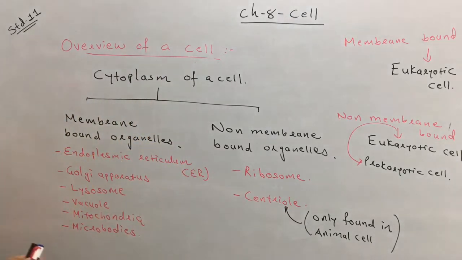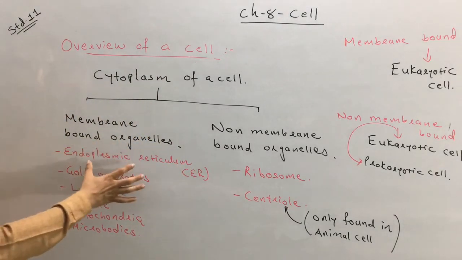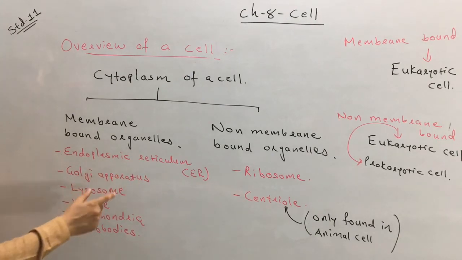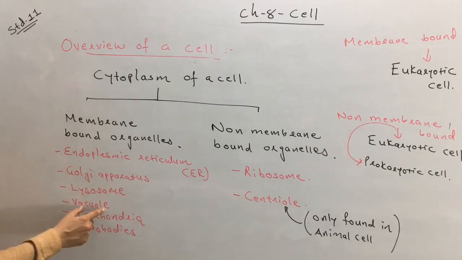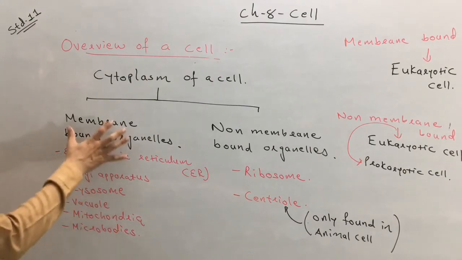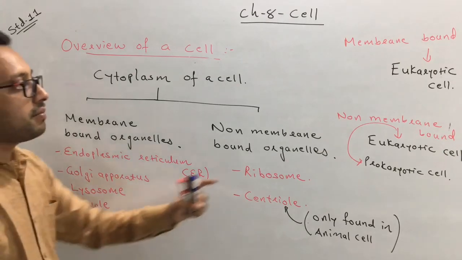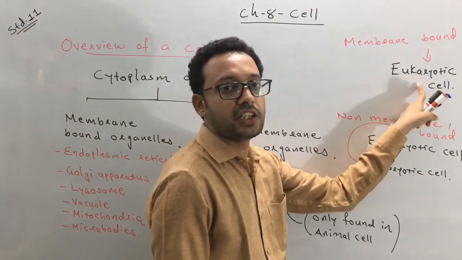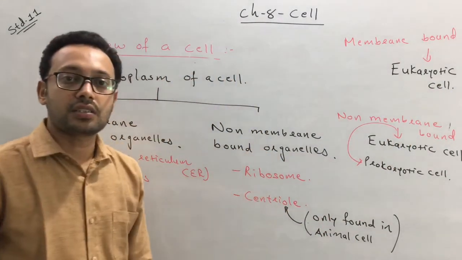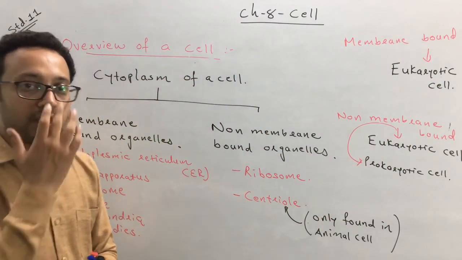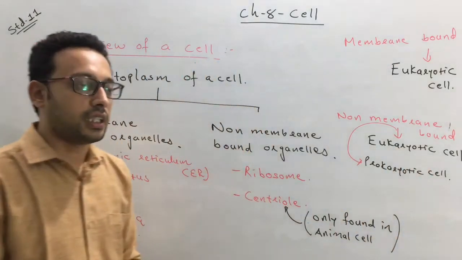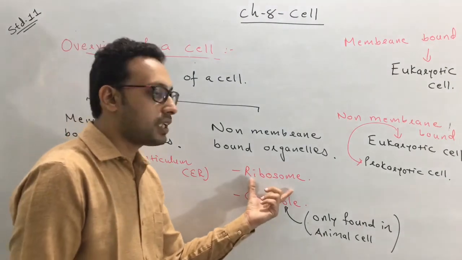I repeat, which are membrane bound organelles? Endoplasmic reticulum, Golgi apparatus, lysosome, vacuole, mitochondria, microbodies. These are membrane bound organelles, and they are only present in eukaryotic cells. Non-membrane bound organelles are not covered by a membrane and are present in both eukaryotic and prokaryotic cells.